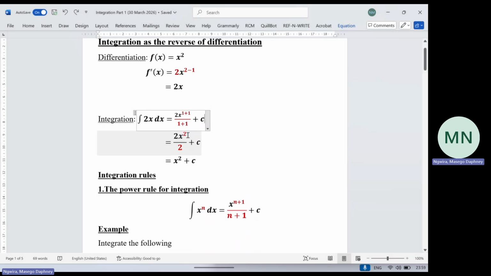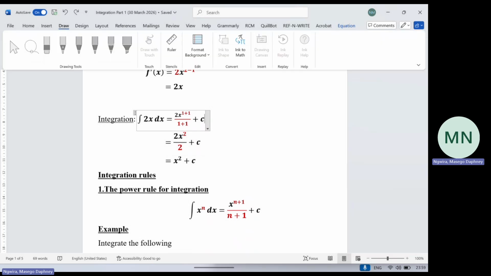Then you're going to have 2x squared over 2. And then you notice that the 2 and the 2, they're going to cancel.